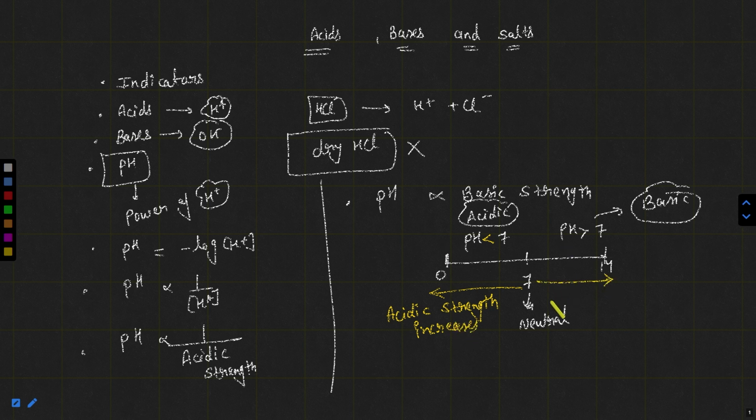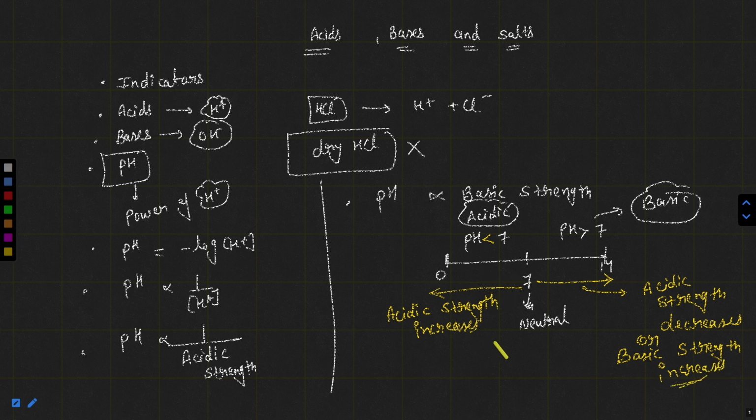If you are moving from 7 to 14, acidic strength decreases, or you can say basic strength increases.